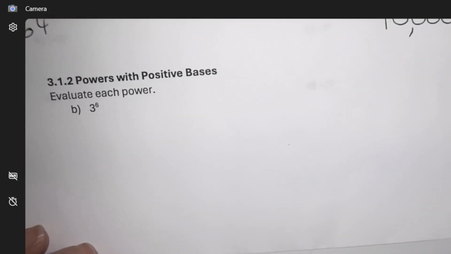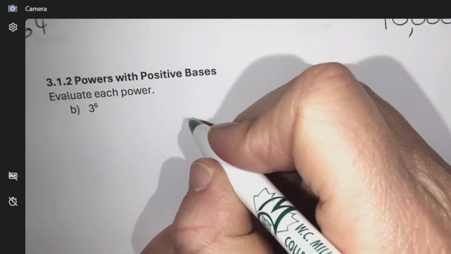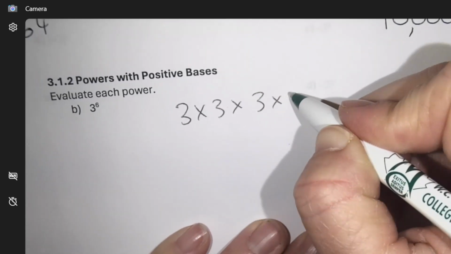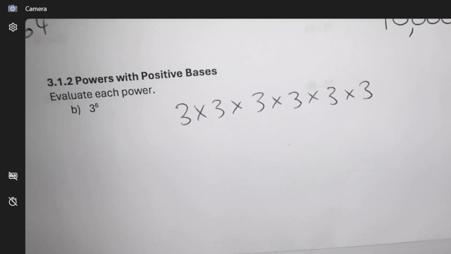Okay, this one is going to be kind of, can we do it without? Yeah. Should we try it? We'll do it without and then we'll do it with. Okay, let's see.